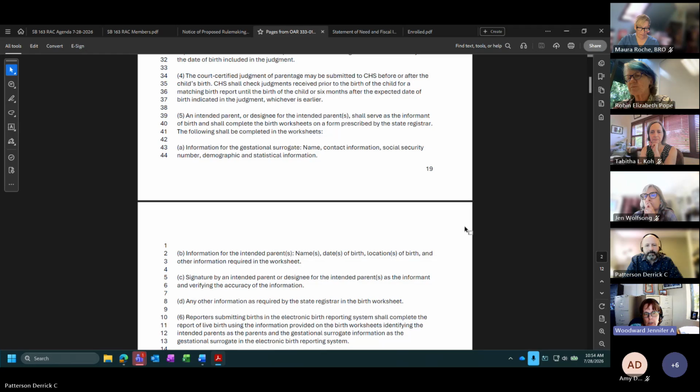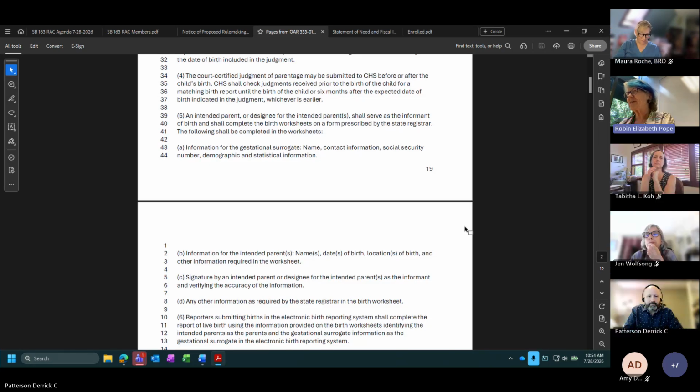The informant is the individual who actually signs the birth worksheet, saying that the information they provided on the worksheet is accurate. So they are two different people. Okay, I kind of figured that's what it was, but I just wanted to make sure. So currently, when we see informant on a birth certificate, it's usually somebody from the hospital. Going forward, it's probably going to be one of the intended parents, correct?